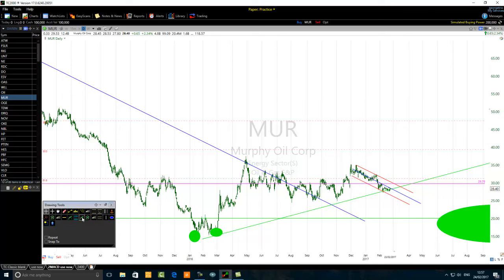Or be aware also of the median line between the 29.79 and the 19.98. The median line is somewhere near 24.75. So there is a support here on the daily chart. See here, there is a support here, talking about the consolidation between 29.79 and 19.98.